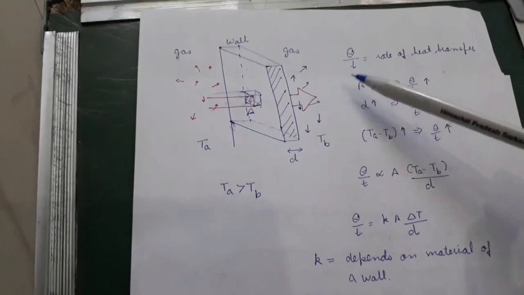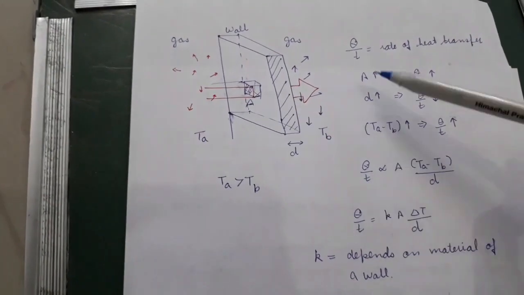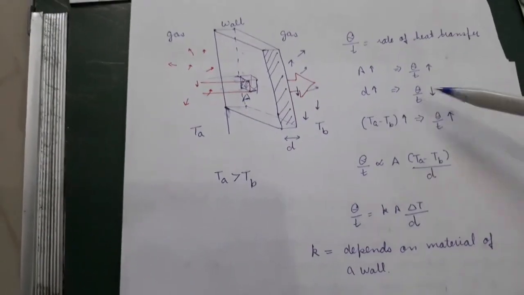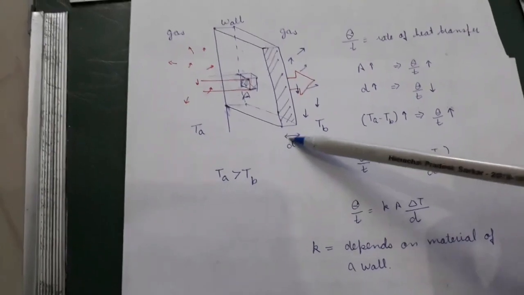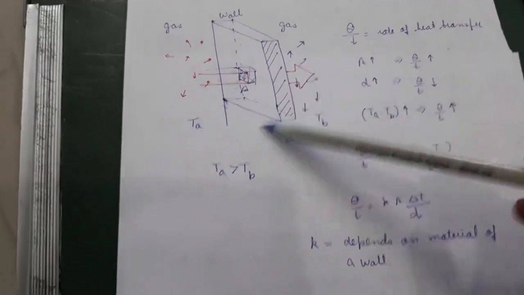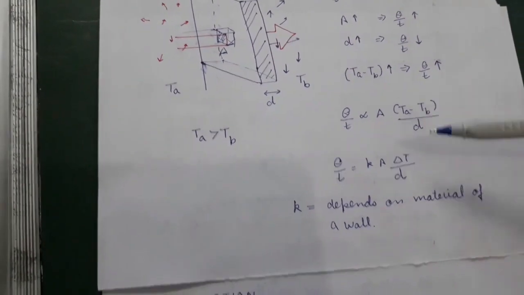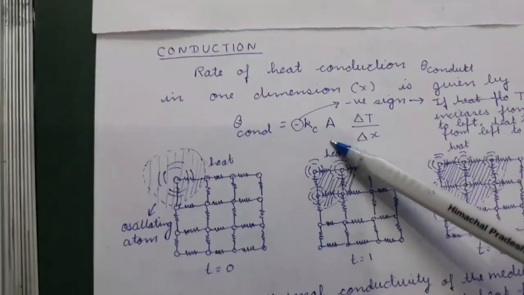This rate of heat transfer will be more if the area is larger, lesser if the thickness of the material is larger, and larger if the temperature difference is larger. That is why it depends upon area, temperature difference and the thickness of the material, and therefore from here we can get this relation.